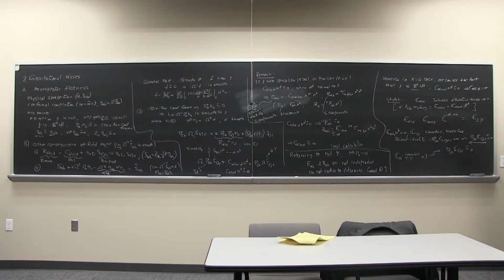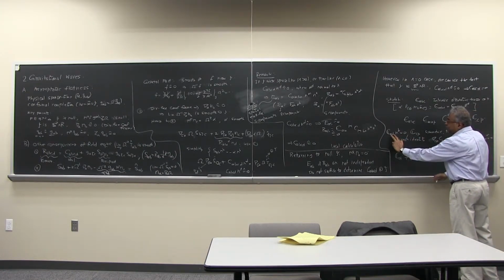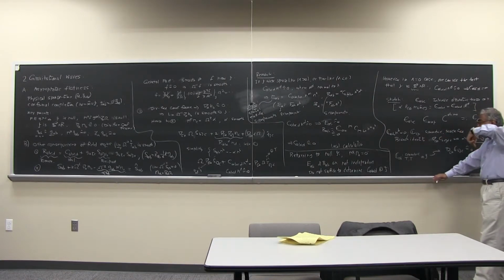And then there's just a simple theorem which I will not prove, which has nothing to do with scri, nothing to do with anything. This is a theorem about two spheres: if you have such a tensor field, then on the two sphere, the fact that it is transverse to N just means that both these indices are tangential to the two sphere.